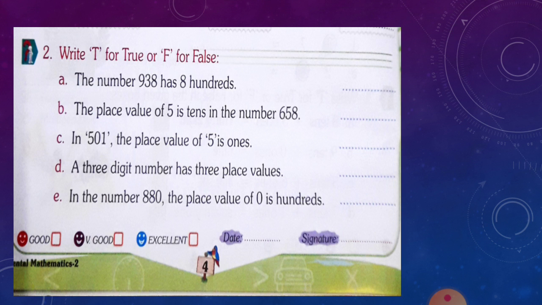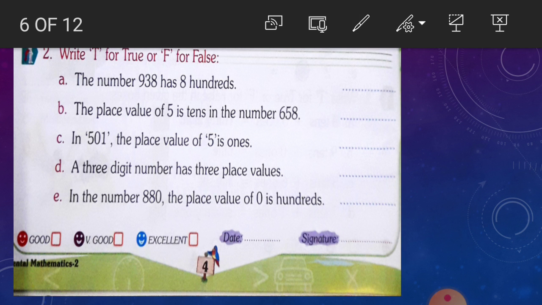Next, write T for true and F for false. The number 938 has 8 hundreds. So what is the given number, children? The given number is 938. 9 is at hundreds place, 3 is at tens place and 8 is at ones place.